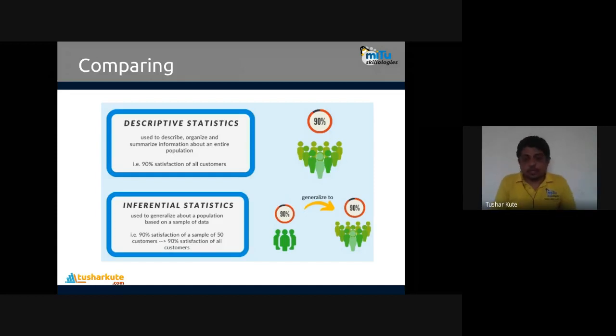If a sample of data is taken and I got 90% customers satisfied, I can generalize that the whole population is also satisfied. So the sample and population concept is connected in inferential statistics, while the whole data and its summary statistics are concerned with descriptive statistics methods. Fine. This is the difference between descriptive and inferential statistics.